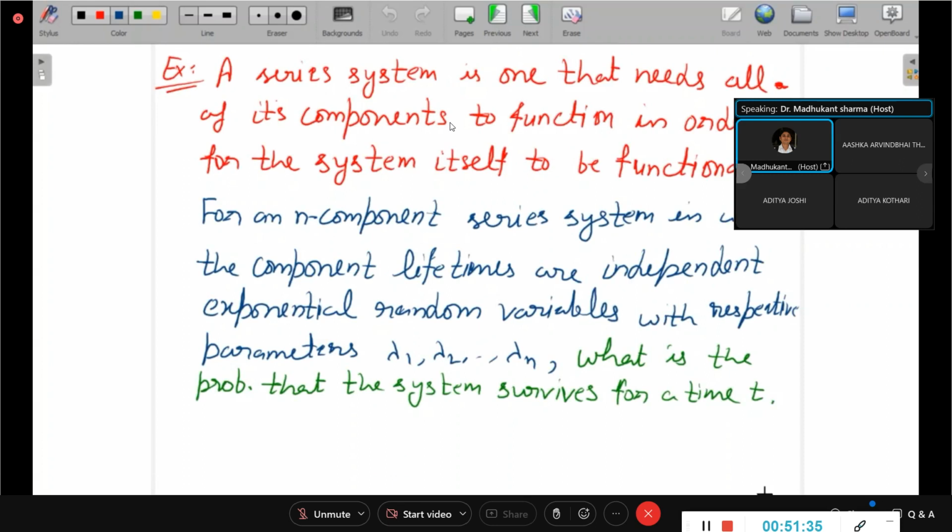Okay. So it says that a series system is one that needs all of its components to function in order for the system itself to be functional.